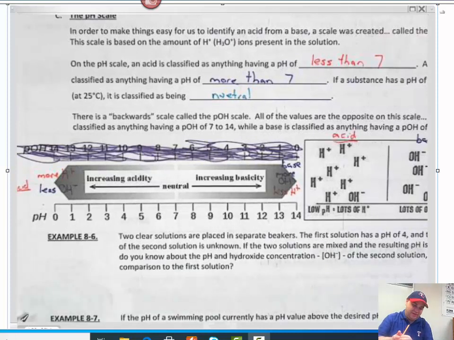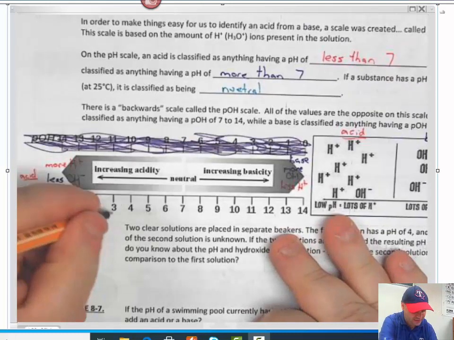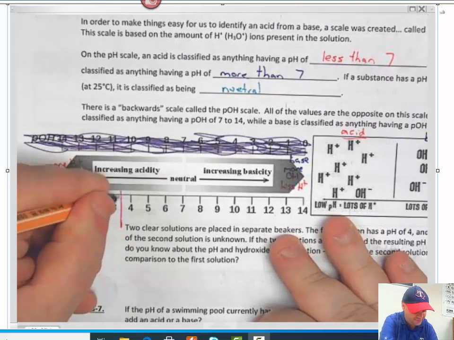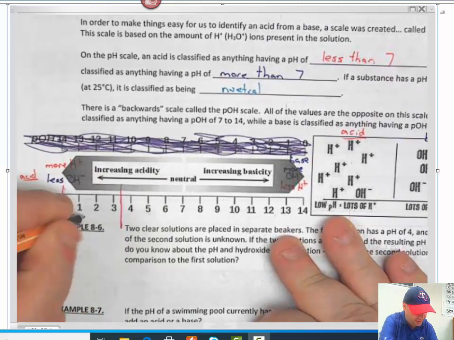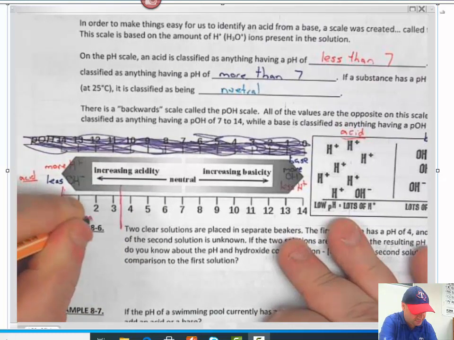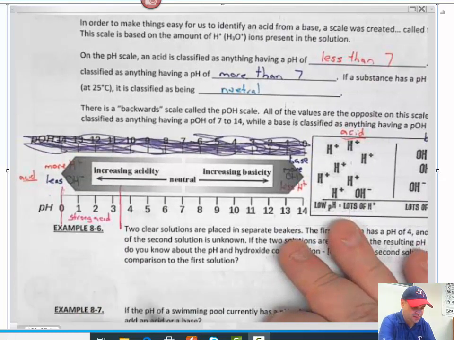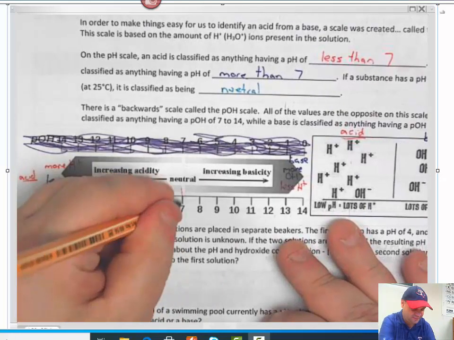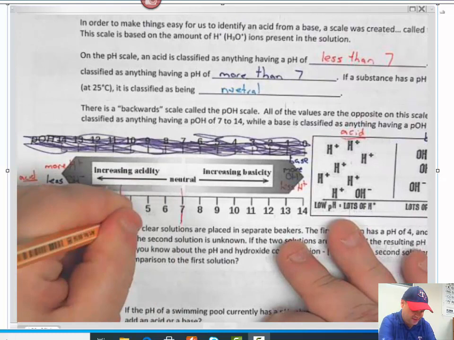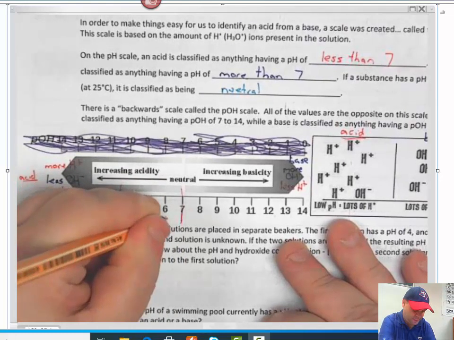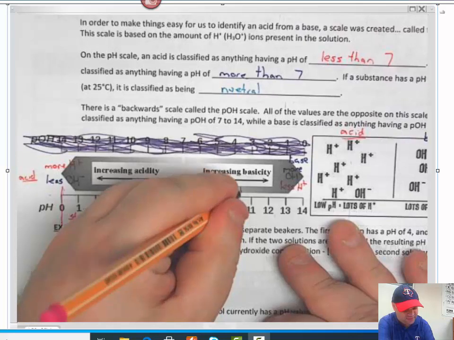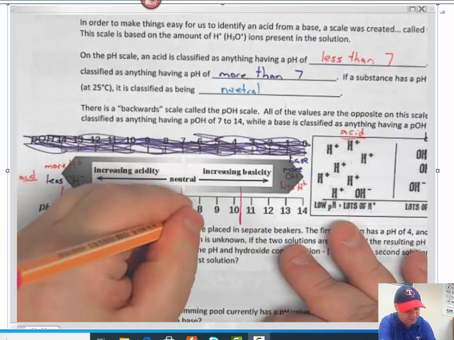Now you can divide this into roughly 4 categories, 5 categories, depending on how you want to look at it. And the ranges of the numbers depend on who you ask as a chemist. So if you're going from 0 to 3.5, I would call those the strong acids. 3.5 to 7, those would be the weak acids. 7 to 10.5, these are the weak bases.